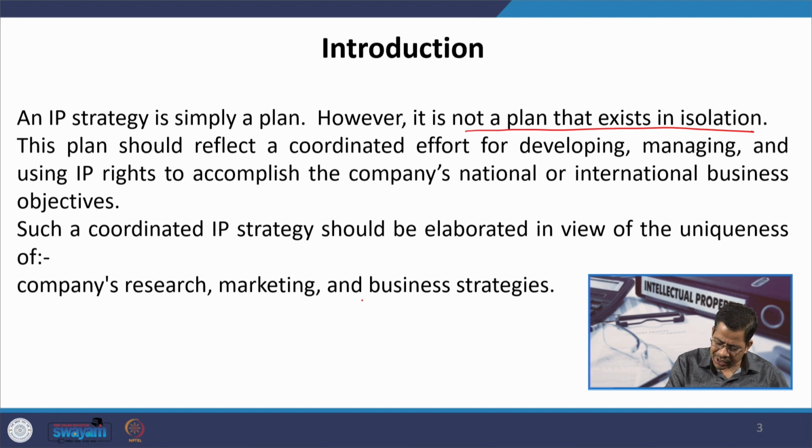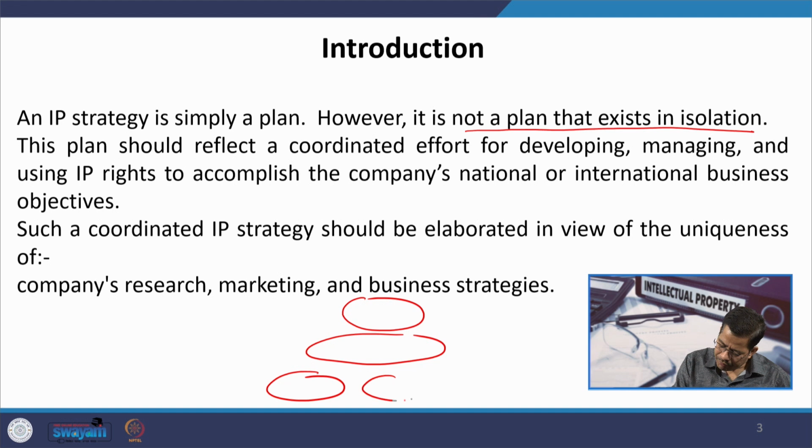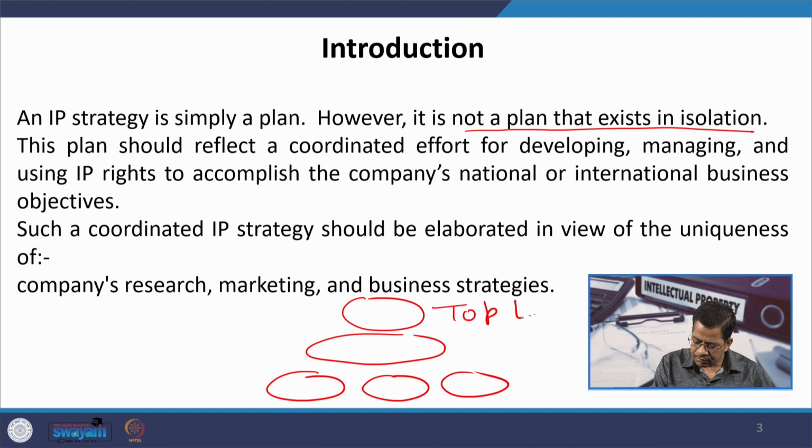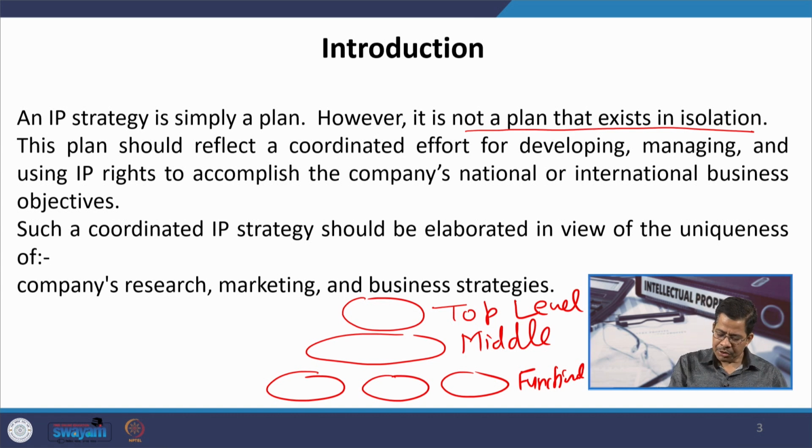When I am talking of an organization, there are different levels: the top level, the middle level, and then the functional level. At the functional level, you may have marketing strategy, human resource strategy, supply chain strategy, etc. Today I am talking of IP strategy, so let us add this IP strategy also here.